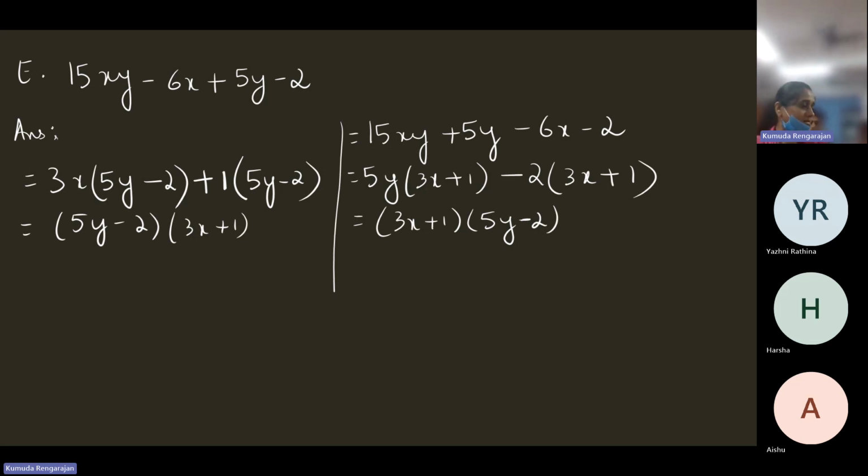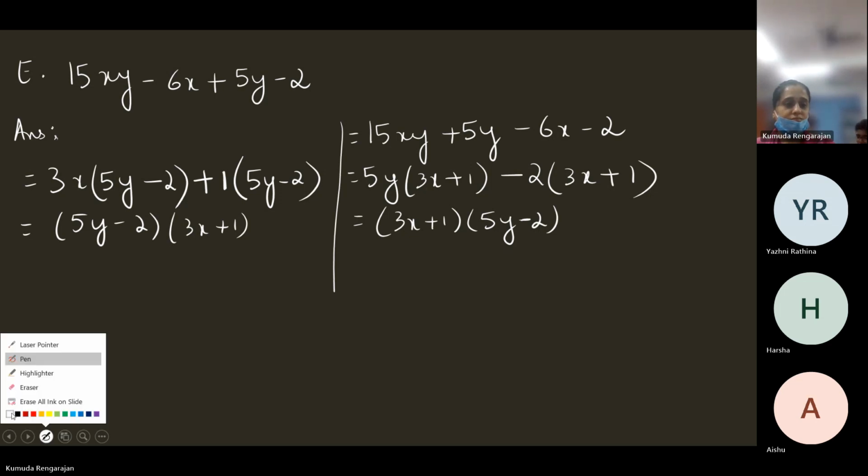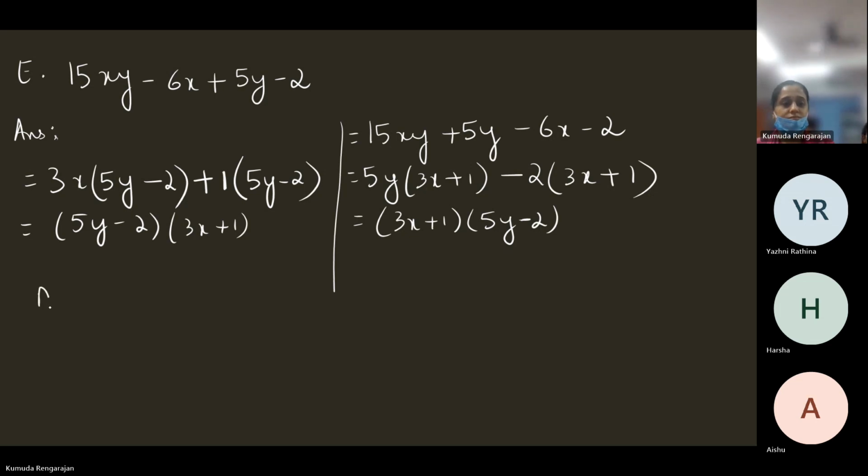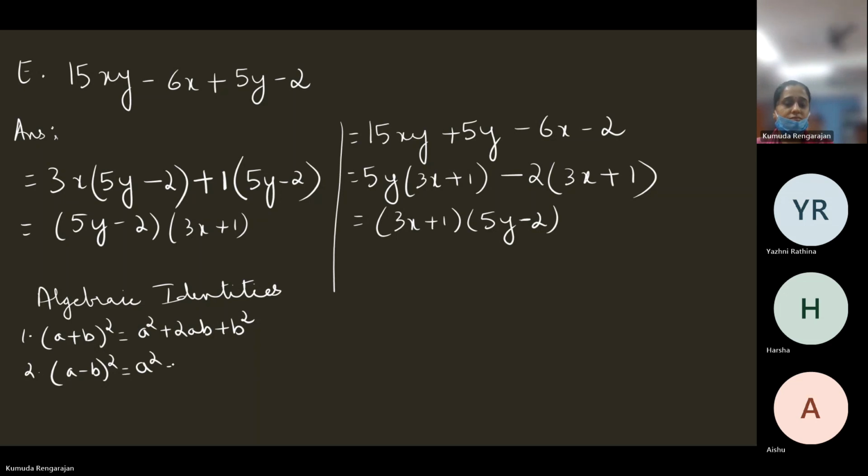In the second one, we have rearranged. Okay. Make a note of this.